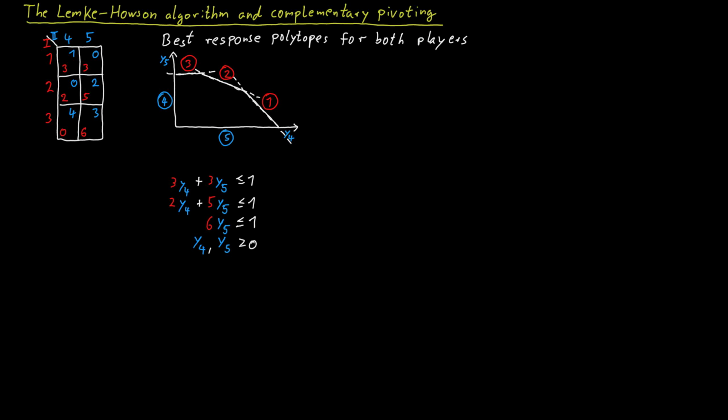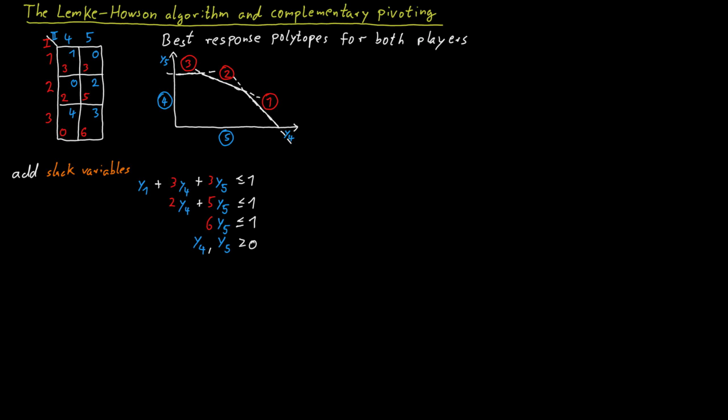I now want to rewrite these set of inequalities, and I essentially want to turn these inequalities into equalities. And there's a common trick here, which is to introduce what's called a slack variable on the left-hand side. So for example, in the first inequality, we just introduce a whole new variable to this system, the variable y1.